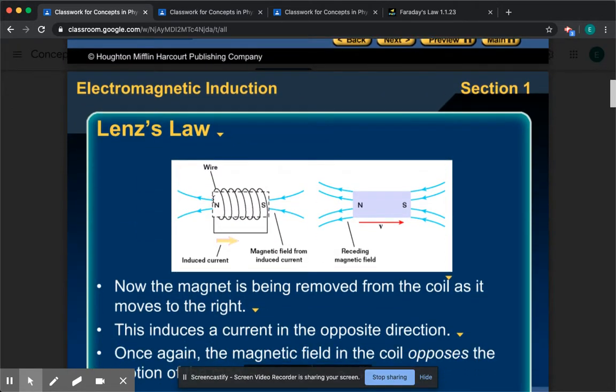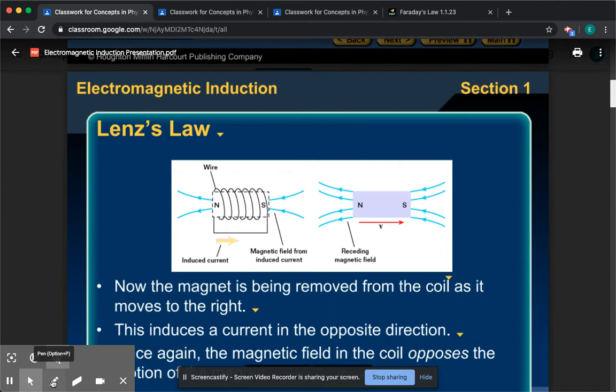And if you flip the magnet over and now you have the field lines going to the left, notice that the current is now going to the right. Okay, so all Lenz's law states in simple terms is that the flow of electricity will always go in the direction that is opposite to the direction of the field lines.